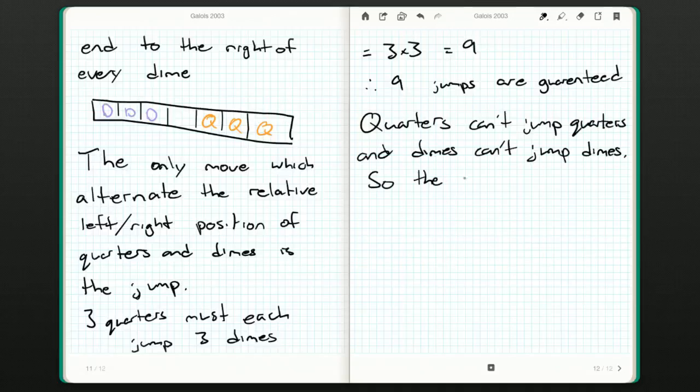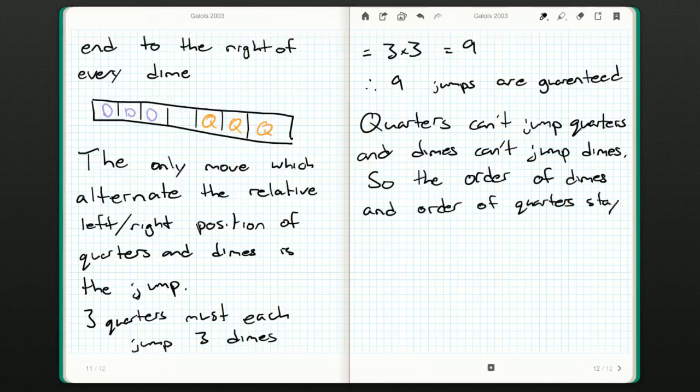So that means the order of the dimes and order of quarters stays the same. Now, what do I mean by that?